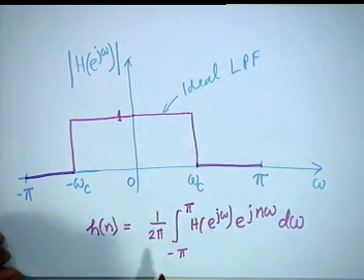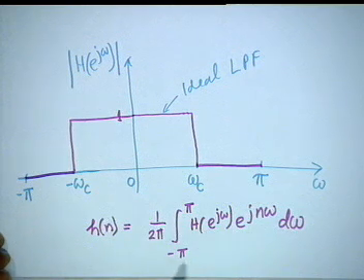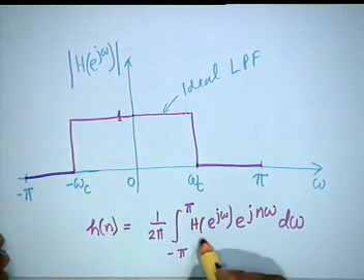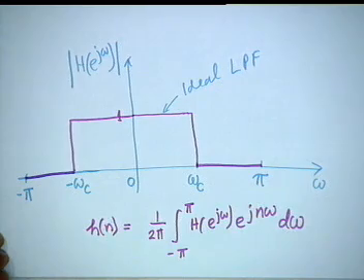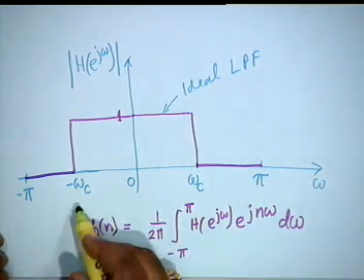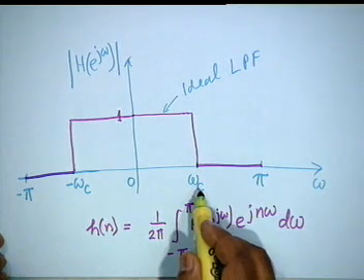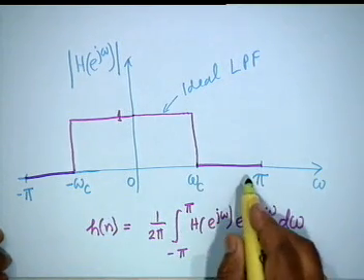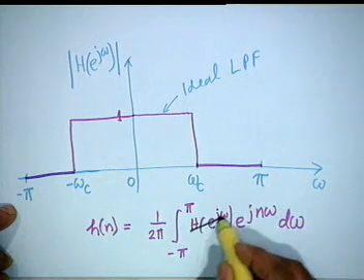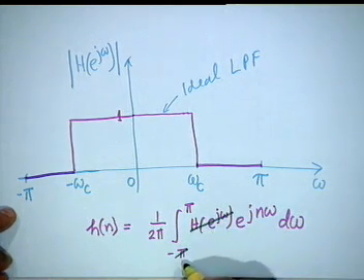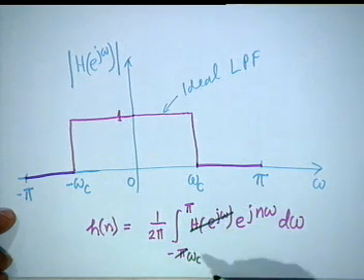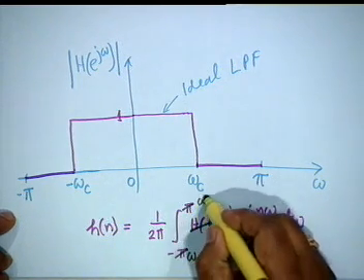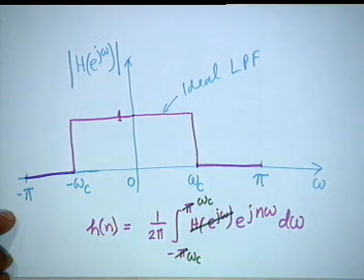That is the impulse response. The inversion of this, and if this is equal to 1 between minus omega c and plus omega c, and the rest of it is 0, then you can replace minus pi by minus omega c and plus pi by plus omega c, right.